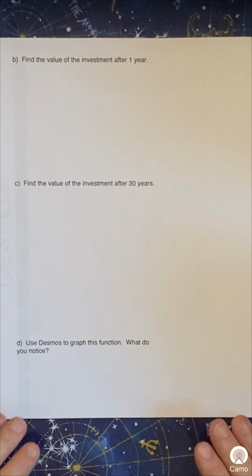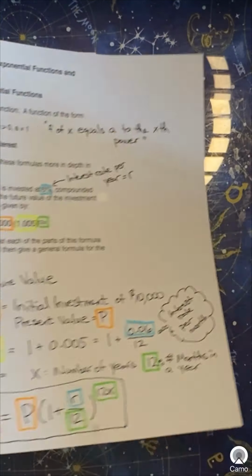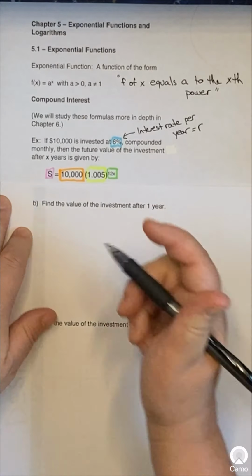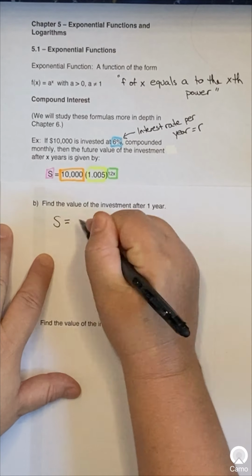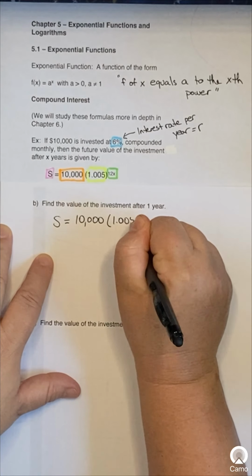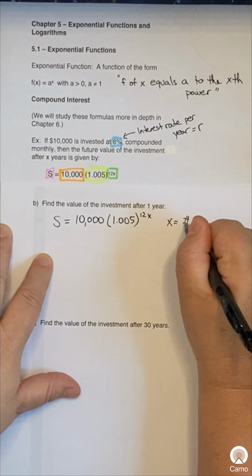So, find the value of the investment after 1 year. So what I'm going to do is remind you what the formula was. We got the formula at the beginning. S equals 10,000 times 1.005 to the 12x, where x equals the number of years.